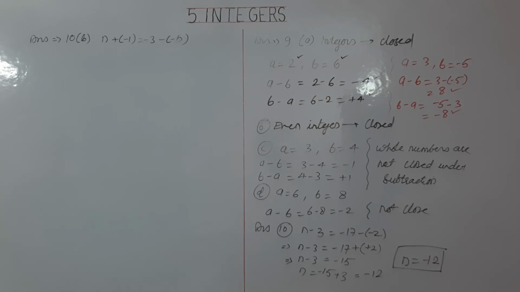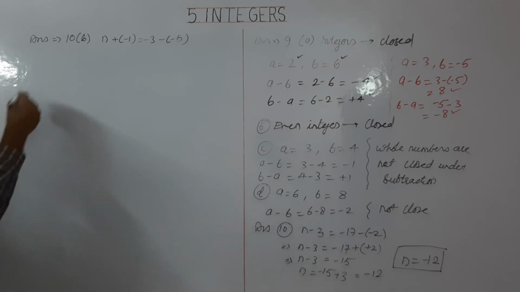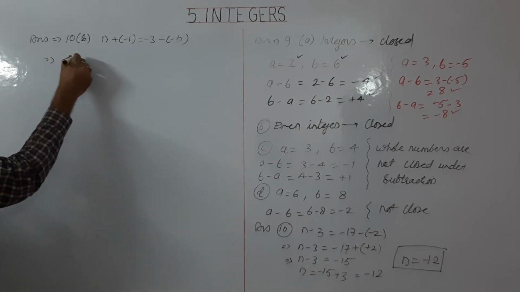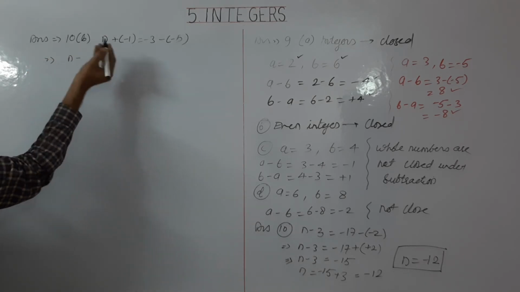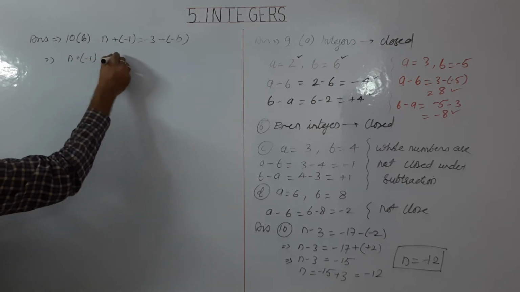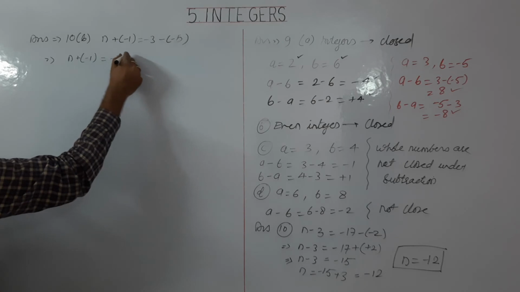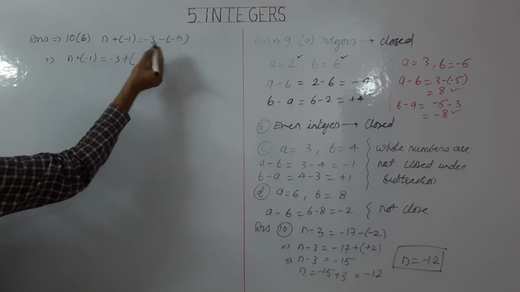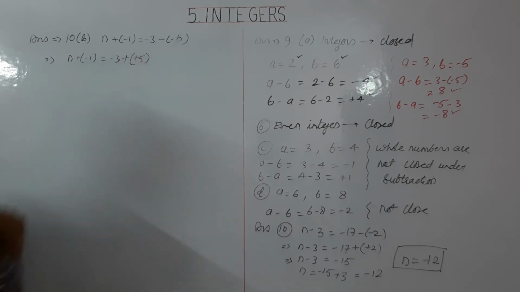Next, answer 10, part B. N plus minus 1 equals minus 3 minus of minus 5. In the next step, n plus minus 1 as it is, minus 3, and we have to replace this, so we'll write plus, and opposite of minus 5, plus 5, right?